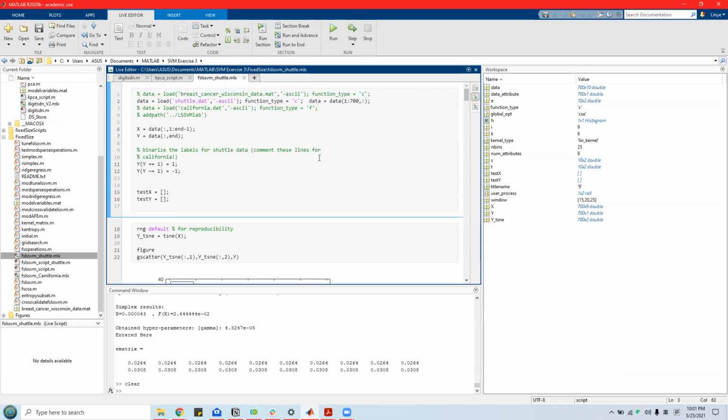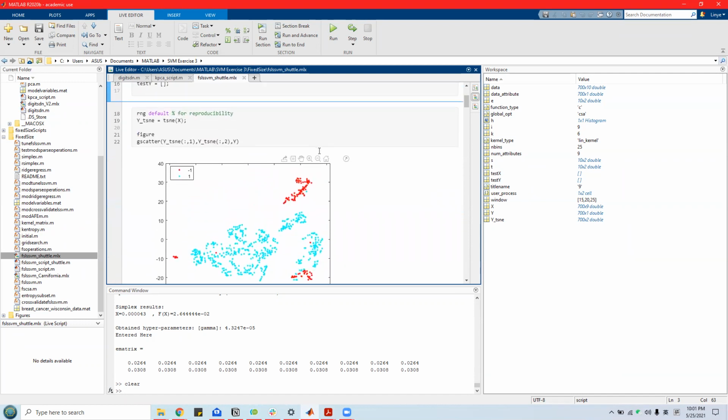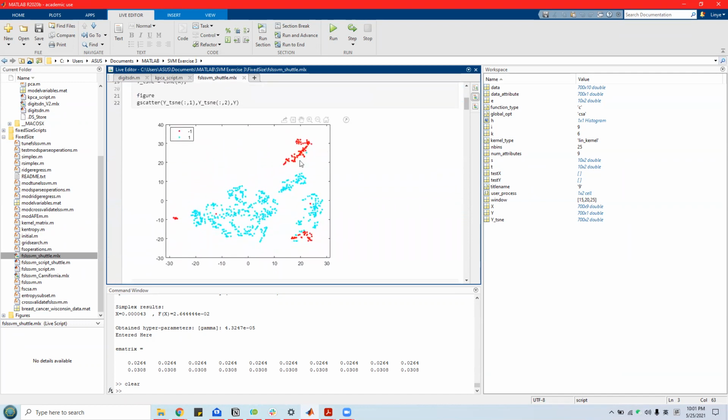Because the Shuttle data set is an unbalanced data set, I think if I choose only 1015 data points, maybe it contains some probability because it is unbalanced data. So maybe I get a good result or a bad result. It's random. But I think the people who uploaded this dataset already randomized all those datasets.